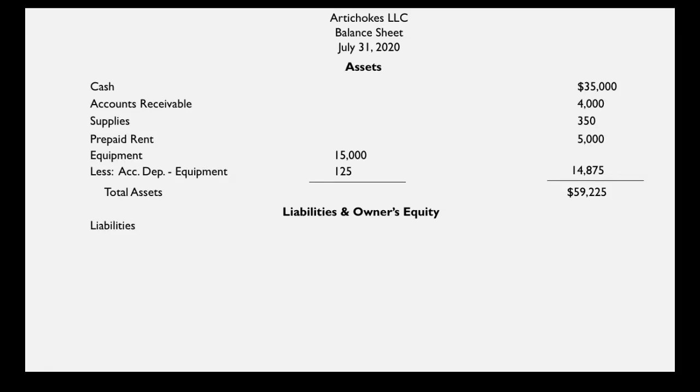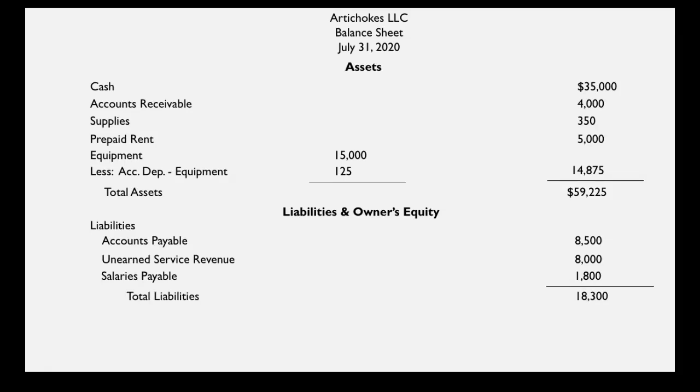The first piece we want to list are the liabilities that we have. We have 3 different liability accounts. We have accounts payable of $8,500, unearned service revenue of $8,000, and salaries payable of $1,800. Now we want to make sure that we show the total liabilities by adding up our 3 different liability accounts.